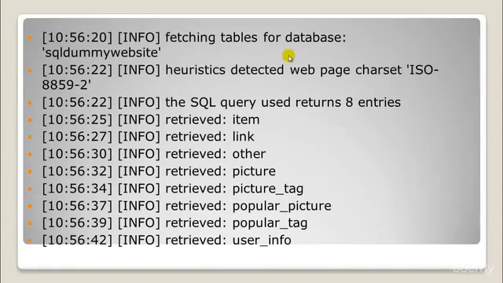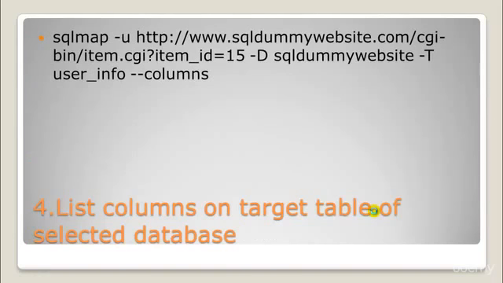It's more than 8 obviously, but these are the tables that we will get. It's fetching tables for the database, heuristics detected web page, and these are the 8 tables we will be getting: item, link, other, picture, picture tag, popular picture, popular tag, and user info. Of course, we want to check what's inside the user info table using SQL map injection, as that table probably contains usernames and passwords.